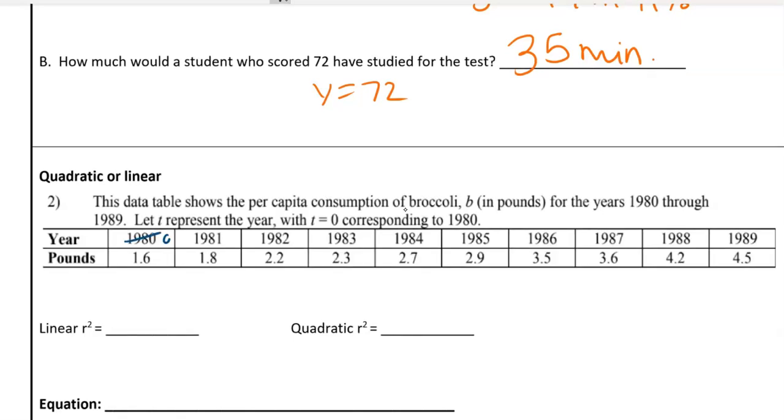If year 0 is 1980, that means 1981 is year 1 and 2 and 3 and so on. So in our calculator, we're not going to be typing in 1980, 1981, 1982 as our x values. Let's just use 0 through 9. It'll make this graphing much easier.